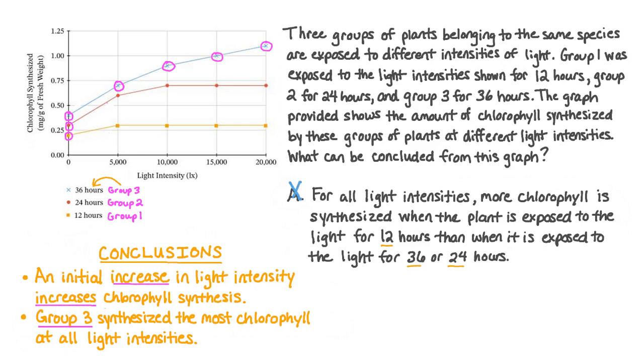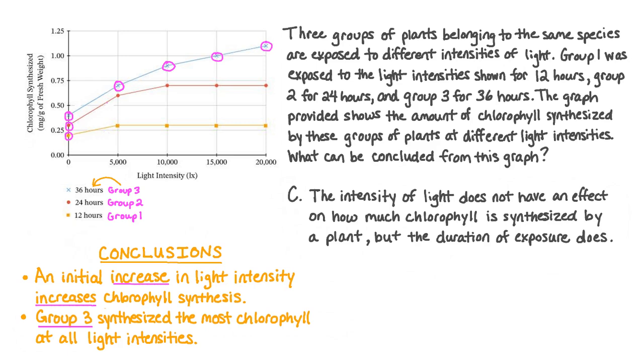So we can rule this answer choice out. For all light intensities, more chlorophyll is synthesized when the plant is exposed to the light for 24 hours than when it is exposed to the light for 36 or 12 hours. As with the previous answer, we can rule this one out because we know that Group 3, the 36-hour group, synthesized the most chlorophyll at all light intensities.